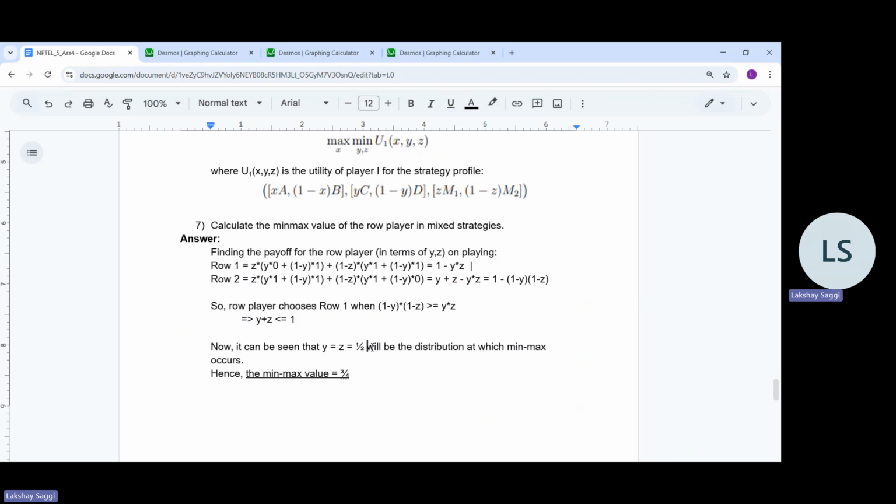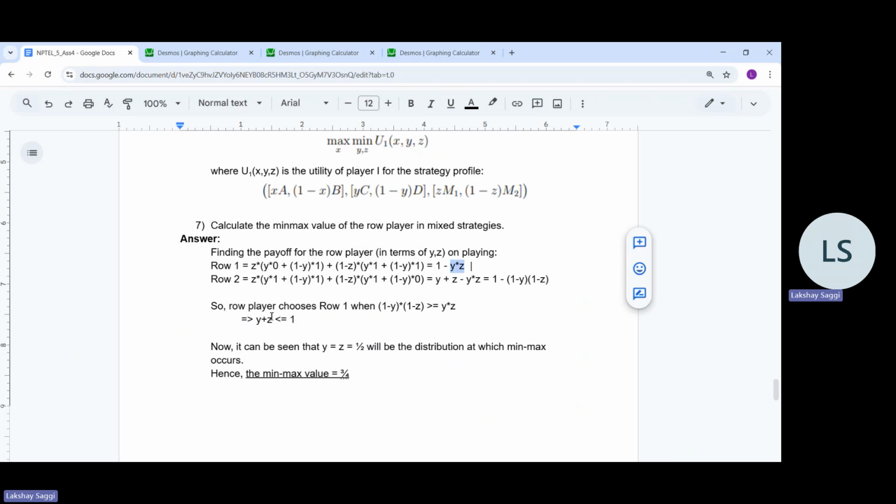But this is essentially the idea: you first find out the payoff for the row player in terms of y and z, and for this function you see, if row one is chosen at that point of time, what are the constraints and when will it be maximized?